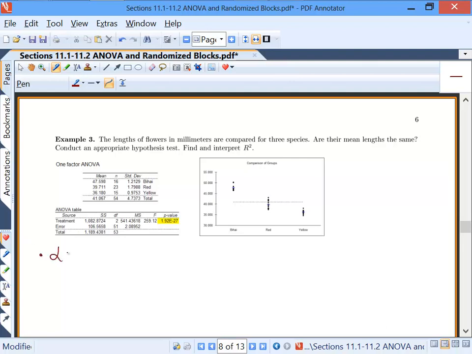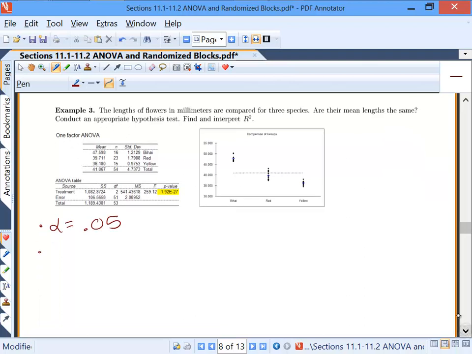We'll start with an alpha. Let's use 0.05. We need our normal null and alternative hypotheses, and I know it gets tiring running the same thing each time. So the null hypothesis would be that the population mean for the first species equals the population mean for red equals the population mean for yellow.